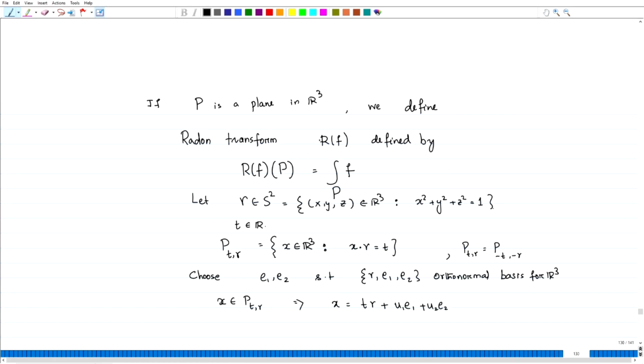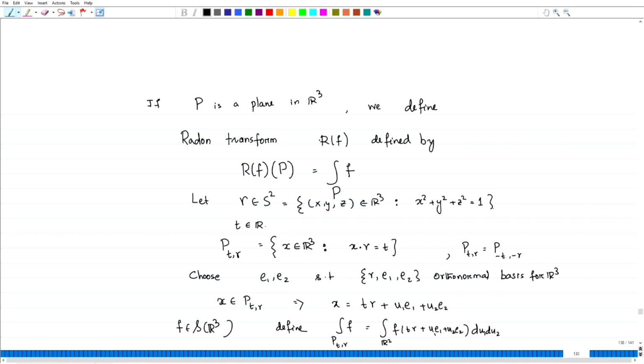Now, for f in the Schwarz space of R^3, we define the integral over the plane P(t, gamma) of f to be equal to the integral over R^2 of f of (t gamma plus u1 e1 plus u2 e2) du1 du2, where u1 and u2 are scalar variables.